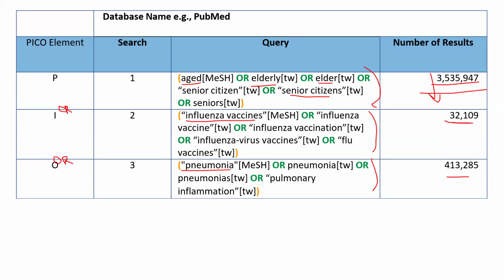How many results or articles would we find if we used a joining word of OR? Can I give it a try? And you tell us why. How many results would you find?